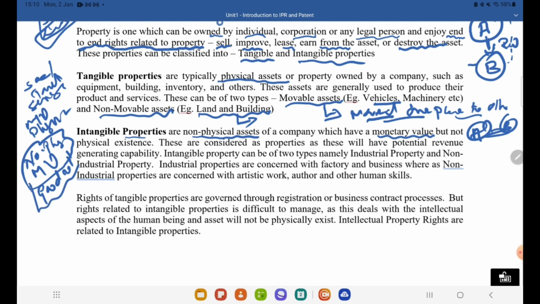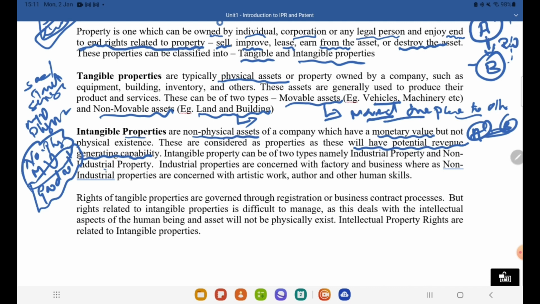That goodwill is built over a number of years of experience, or years of people buying that product. Intangible assets have potential revenue generation capacity. Goodwill is not a physical asset, only a reputation, but it helps improve the revenue generating capability of a firm.